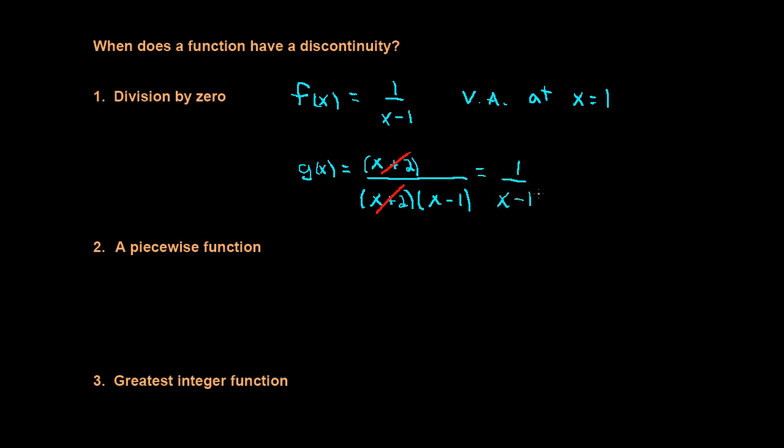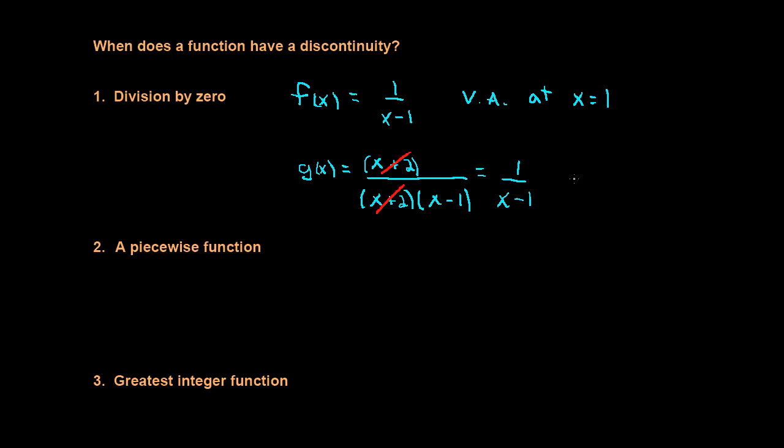This new function looks a lot like this guy up here, and we know that this guy just has a non-removable discontinuity at 1, which is our vertical asymptote. But remember, the original function is not 1 over x minus 1. It's really this thing, where negative 2 was not a member of my domain.